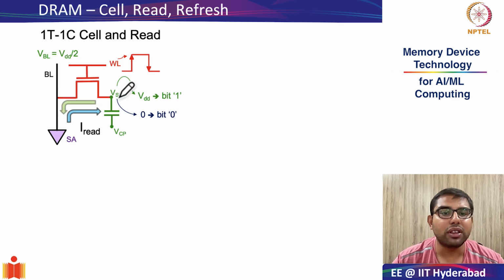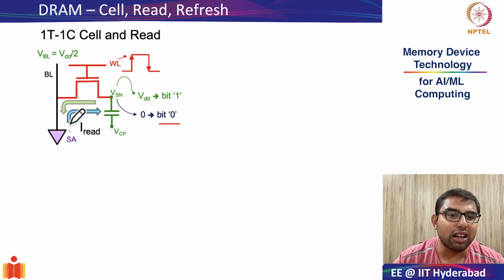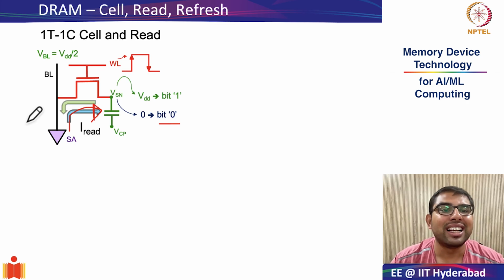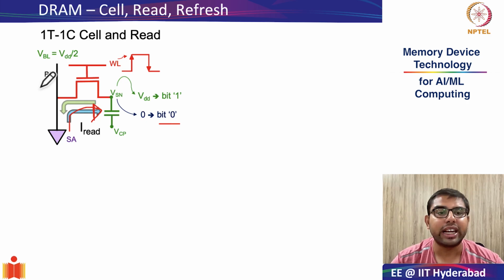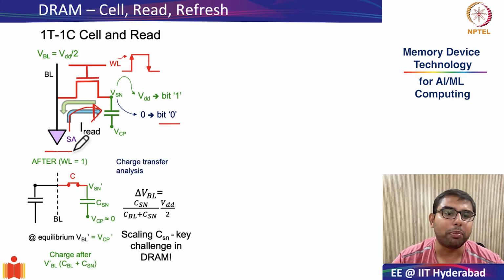Whereas if the value was 0, then there will be a negative gradient. So read current will flow into the storage node, and any such positive or negative read current will charge or discharge the bit line, and therefore that can be detected by your sense amplifier.